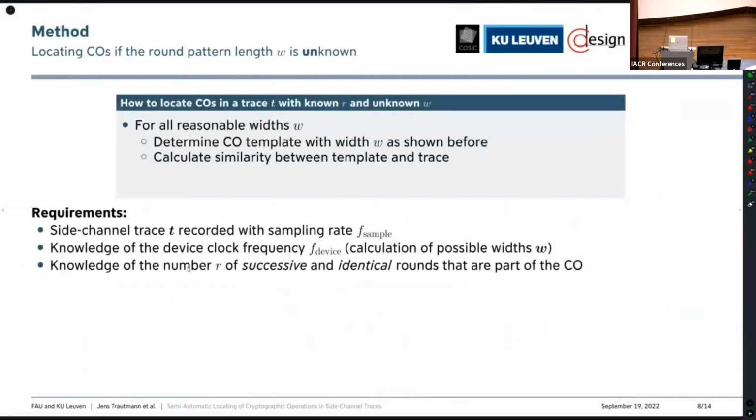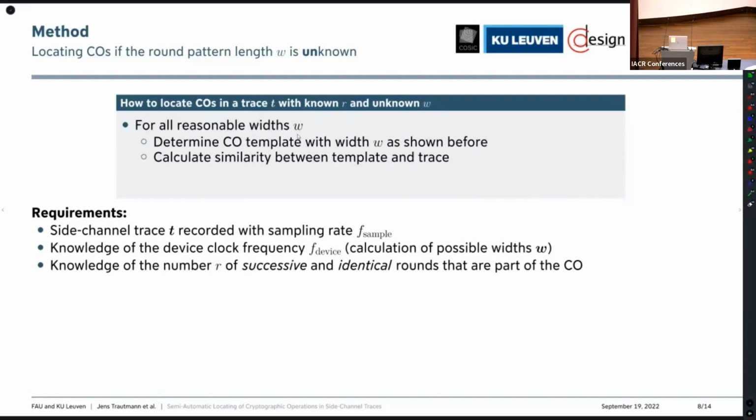We also need to know the device clock frequency, so the frequency of the device. Otherwise, we can't really get different possible widths, because we need to find out how many samples one clock cycle has. And then we also need to know the number R of successive and identical rounds that are part of this cryptographic operation.